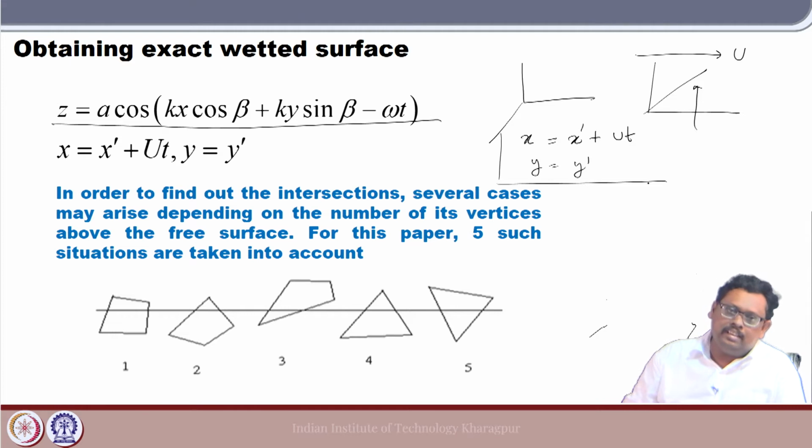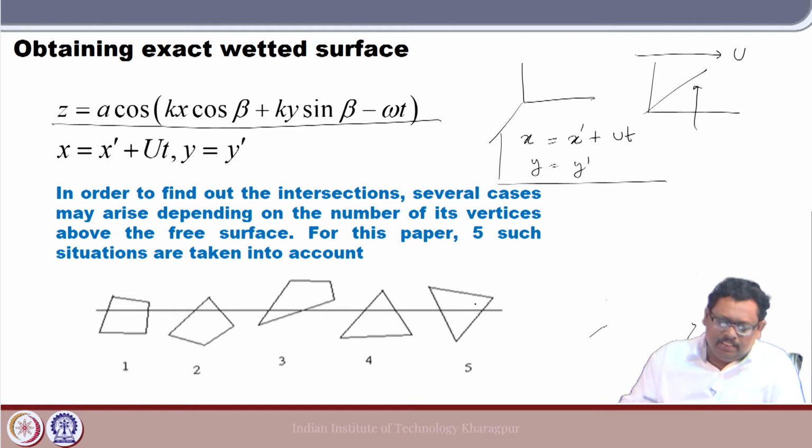These are the panels, and we have considered that a panel could be either triangular or quadrilateral. However, in general there is no such restriction on the vertices, it could be hexagonal also. However, in our panel method code, we use either triangular or quadrilateral panels.